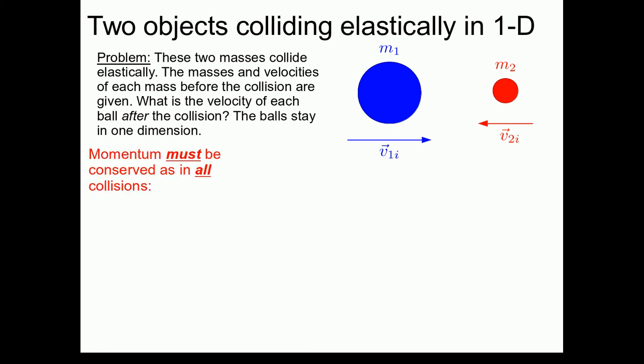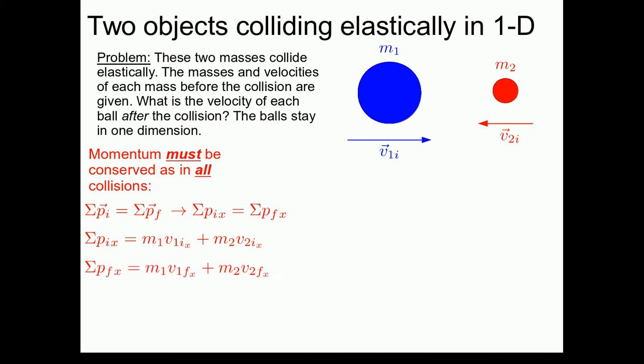We know that momentum must be conserved, as in all collisions. So the sum of the momenta before must be equal to the sum of momenta after. Since we're only working in one dimension, and I will call that direction x, we can replace the vector sums with sums of just the x components. Initially, we have the mass of the first ball times its initial velocity, plus the mass of the second ball times its initial velocity.